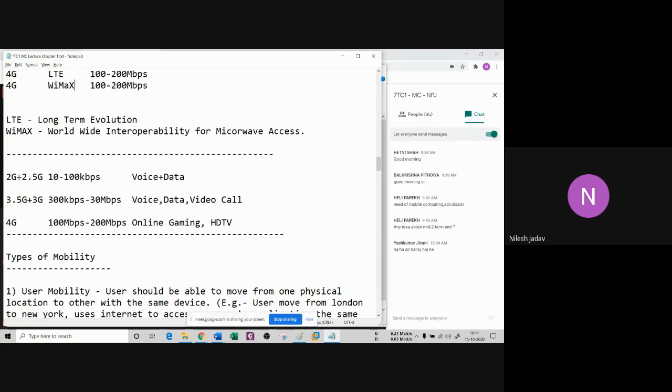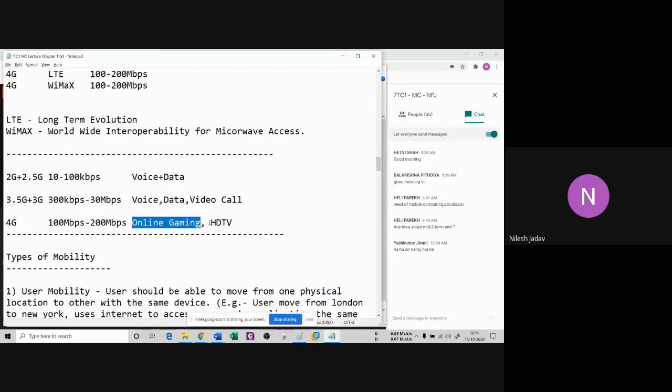If you have 2G and 2.5G, then it is specifically for voice and data. If you have 3.5G and 3G, then it is specifically for voice, data, and video calls. And you know that if you are using 4G, then it is precisely for online gaming. If you are a streamer, you have seen that you need a very good speed to stream.